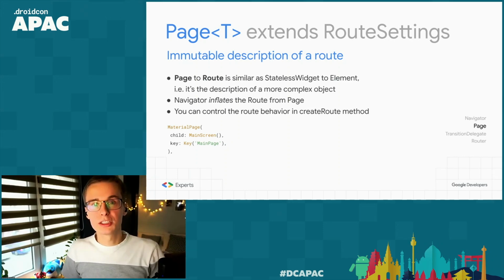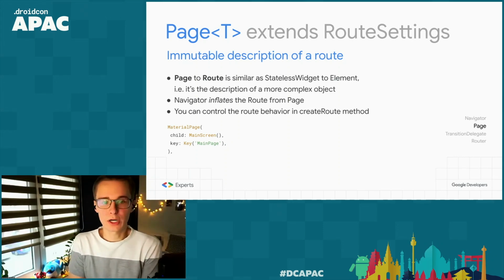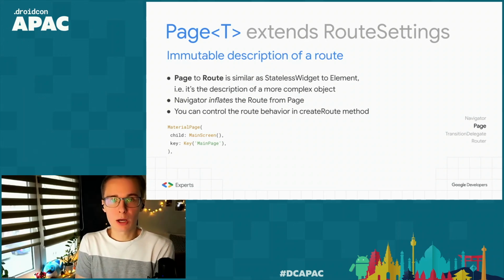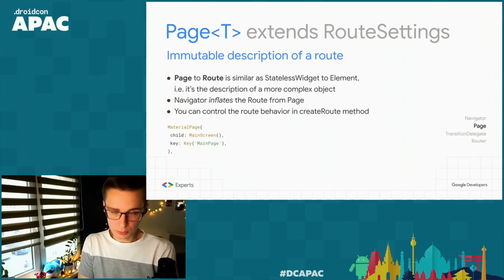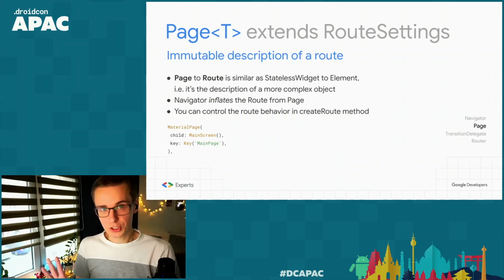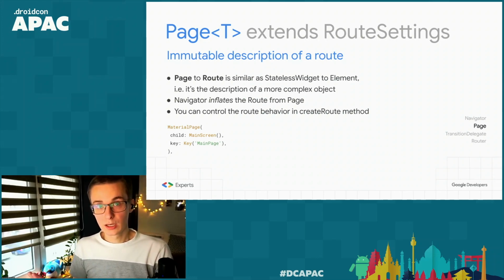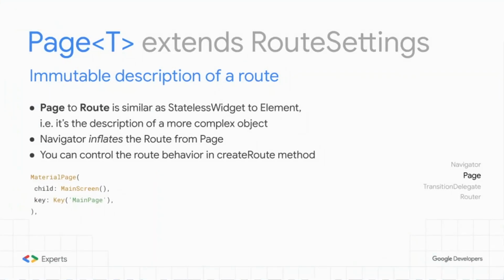You can create the behavior of a page by overriding the createRoute method in your MaterialPage or in your page. If you want to have a custom transition or something like that, you can just extend a page object and create your own transition, similarly as you would do with a PageRouteBuilder.